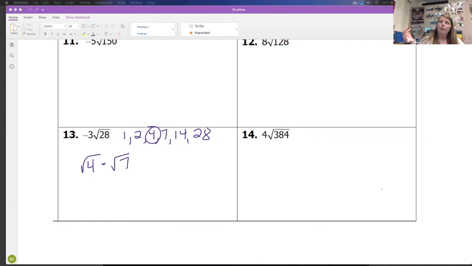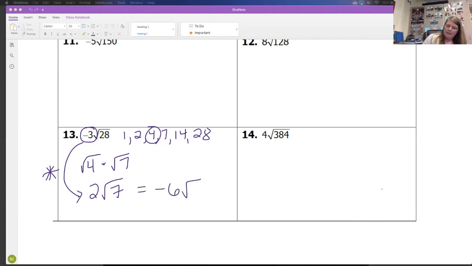What is the square root of 4? 2. So we have 2, and then we have 7 underneath our radical. But for this problem, since we started with that -3, we have to multiply -3 times 2 to get -6, and then that 7 stays under the radical. Does that make more sense? Yes.